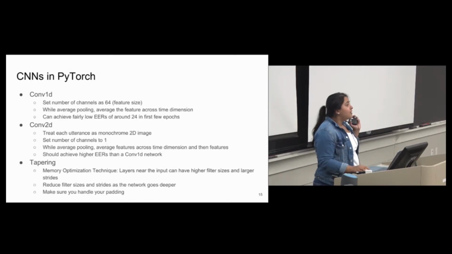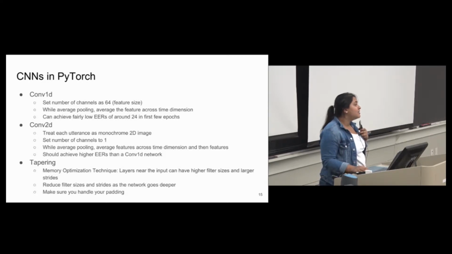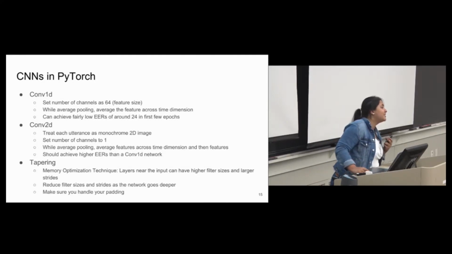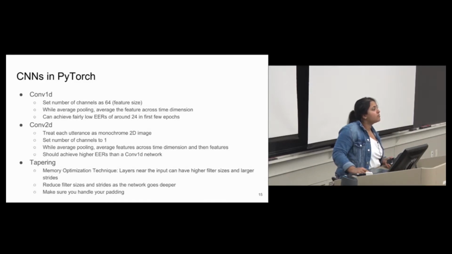I was just wondering, to clarify, at what point are we making this a fixed length? Is that before we pass it to our convolution network, or after, going into the verification task? When we're making our utterances a fixed length, is that before we ever give it to a convolutional neural network?